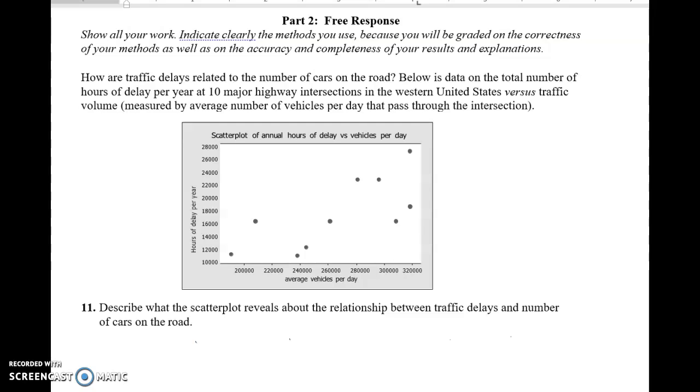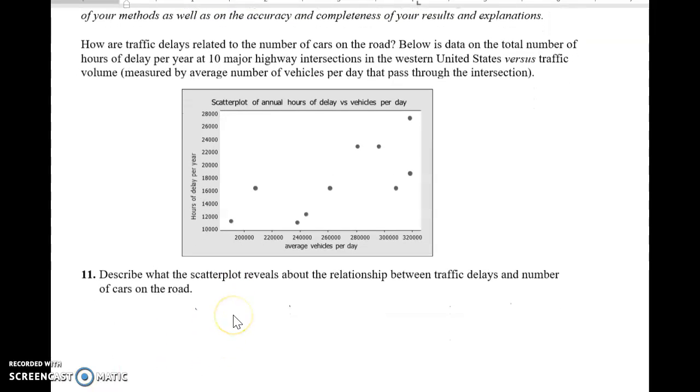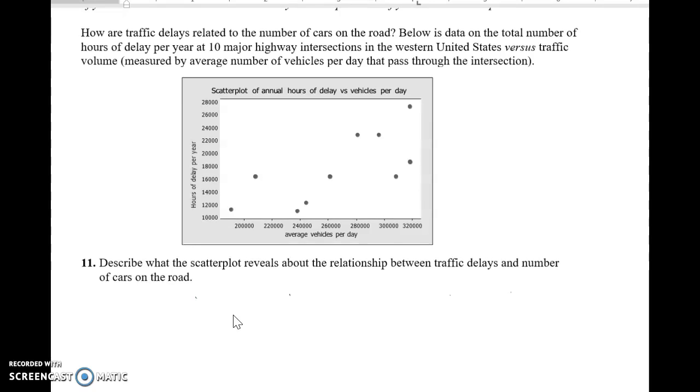Alright, this is part 2 of our exam review. We are looking at the scatter plot of annual hours of delay versus vehicles per day. We see that there is a positive relationship between these, moderately strong. It's not as strong as some of the other ones we've seen, but it's not a weak relationship by this standard.